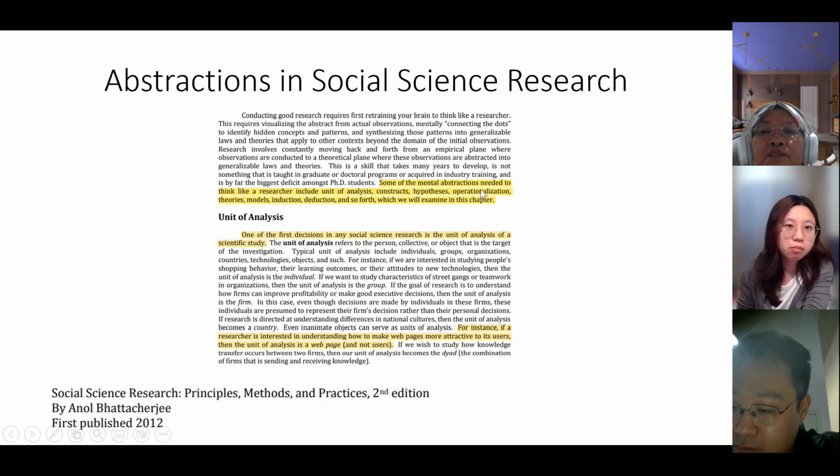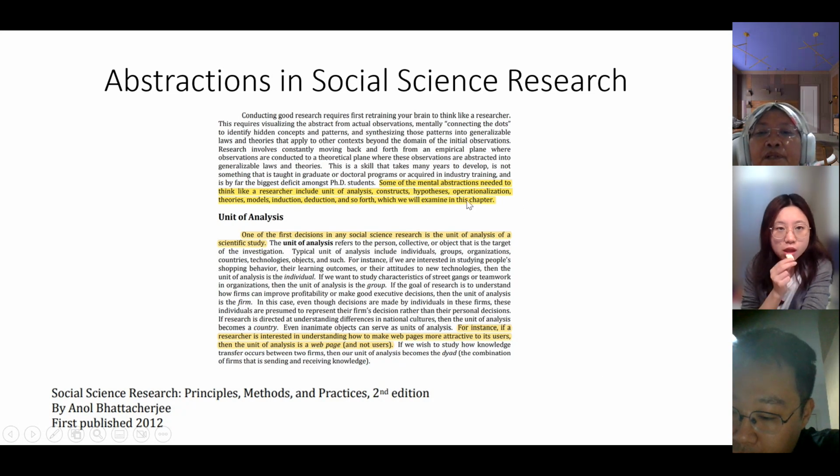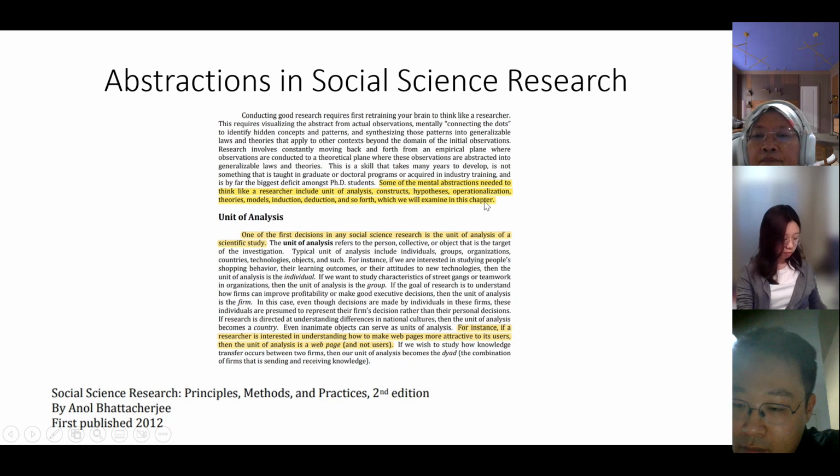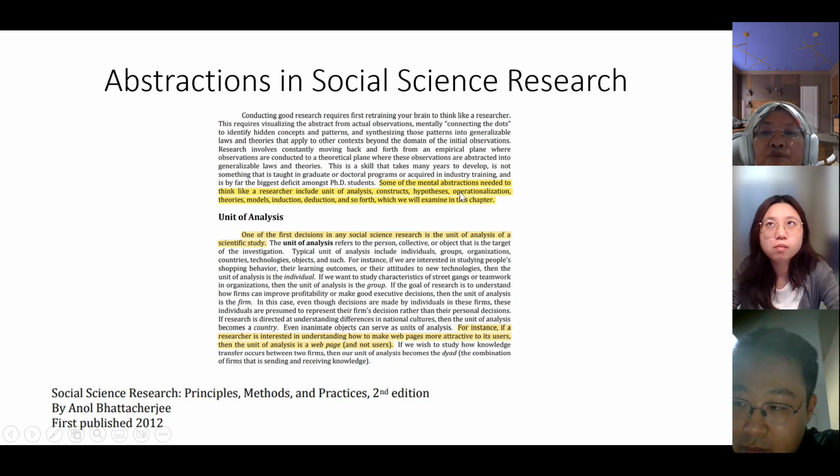Some of the mental abstractions needed to think like a researcher include units of analysis, constructs, hypotheses, operationalization. Operationalization means your conceptual framework for your own study. You're operationalizing it.